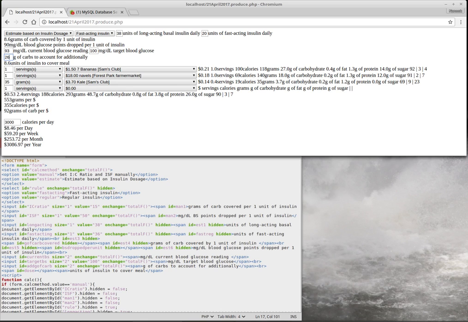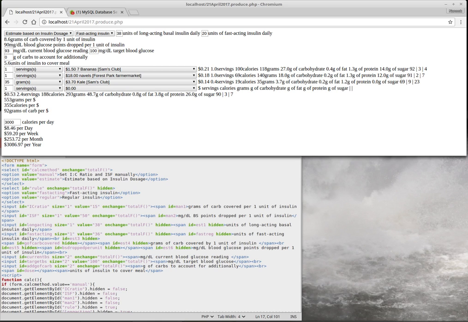If you enter that, it'll account for that along with the selections you've made and give you a different readout for your estimated units of insulin that you need to take for your meal.